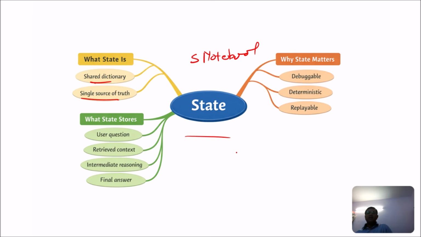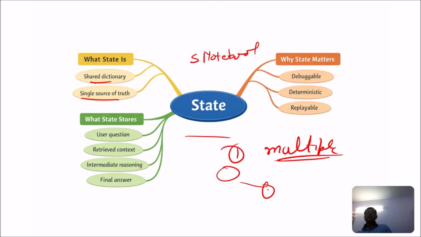Any number of nodes can share the state. Maybe one node or maybe multiple nodes can share the same state. Or there may be multiple states connected to the same state.